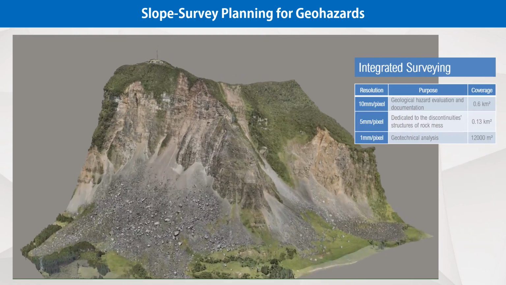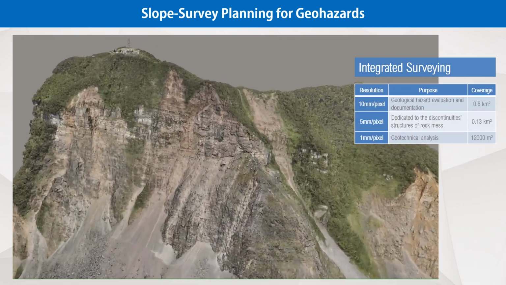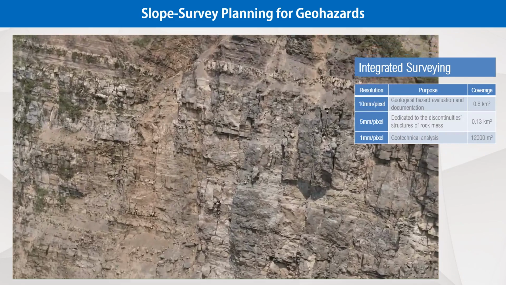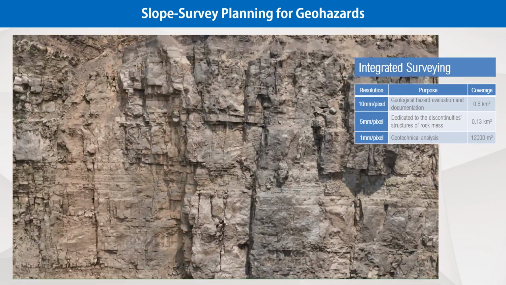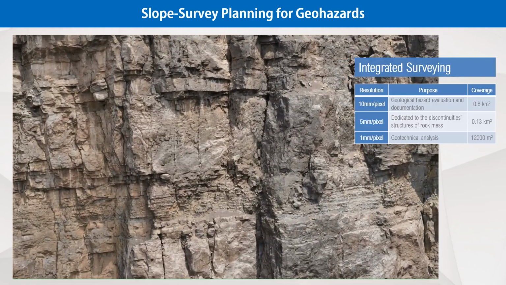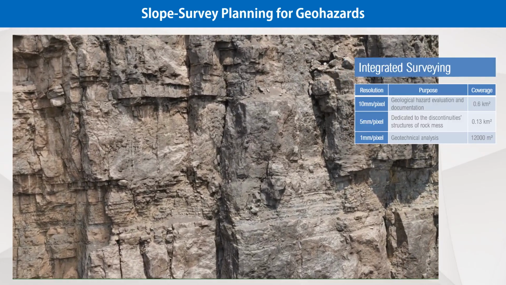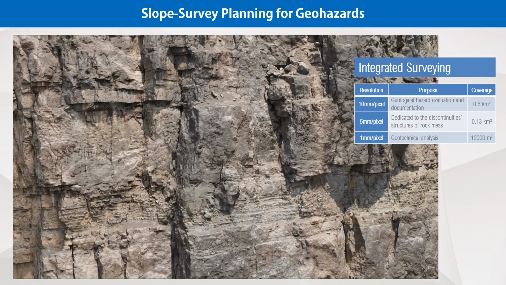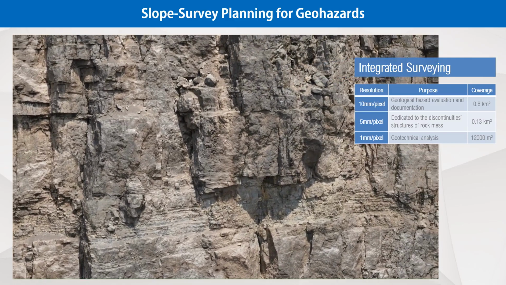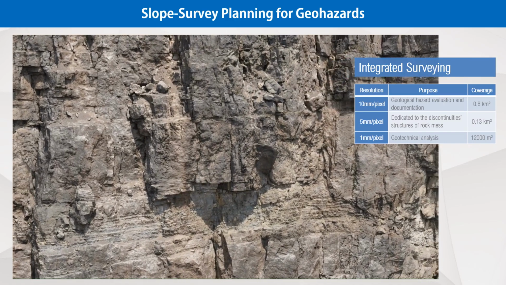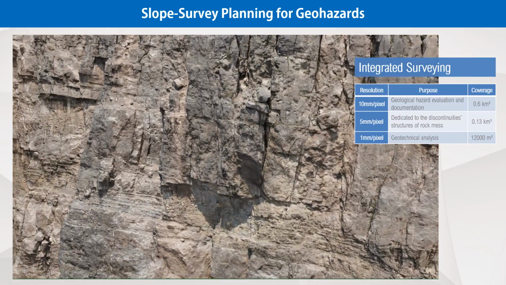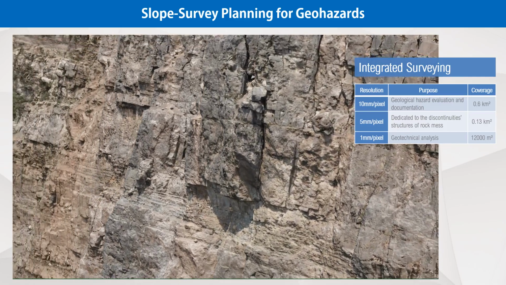For testing the adaptability of the slope surveying planning, we planned 3 different routes for different uses. The surface area is about 0.6 square kilometers: a 10 mm per pixel route for basic data connection, a 5 mm per pixel route for the rock's discontinuity, and a 1 mm per pixel route for geotechnical analysis.